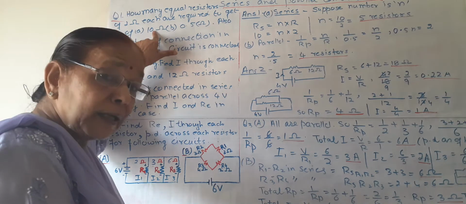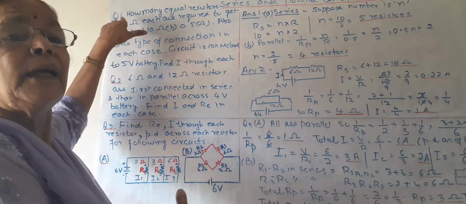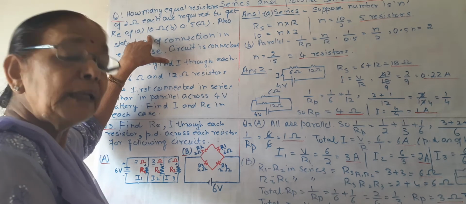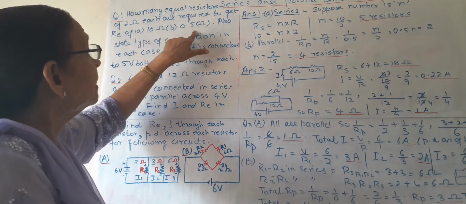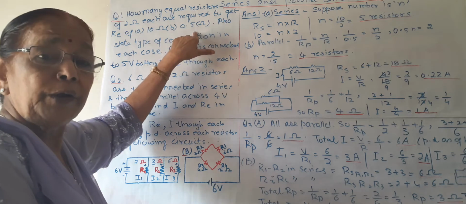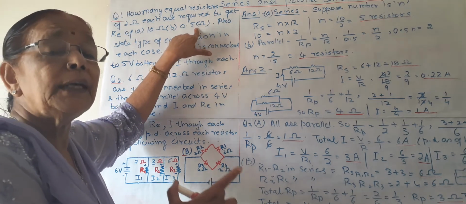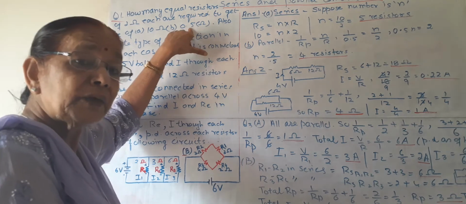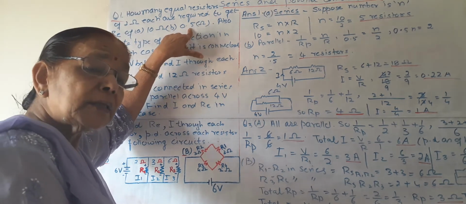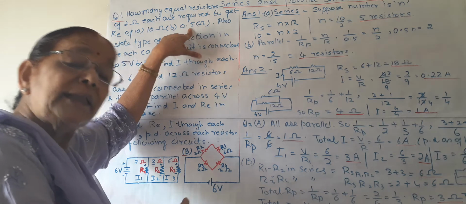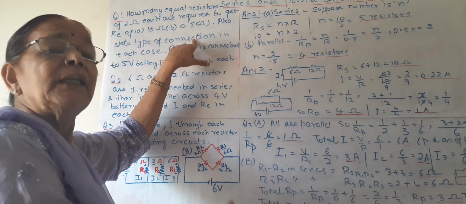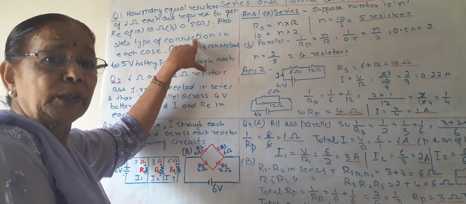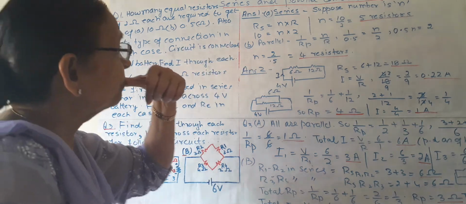This resistance, 0.5, is less than 2, so this should be in parallel. When total resistance of the circuit is less than the individual resistance, then the combination is always in parallel. Are you following this? So we will do this.